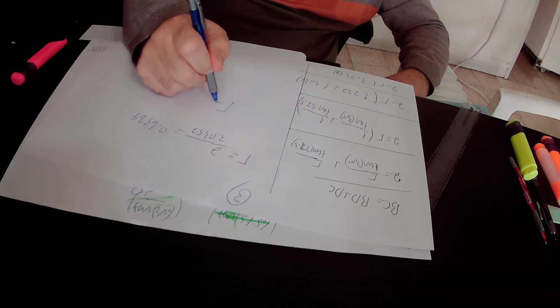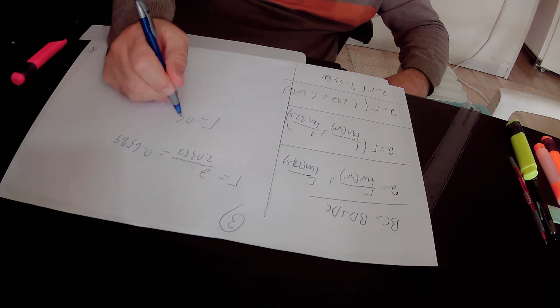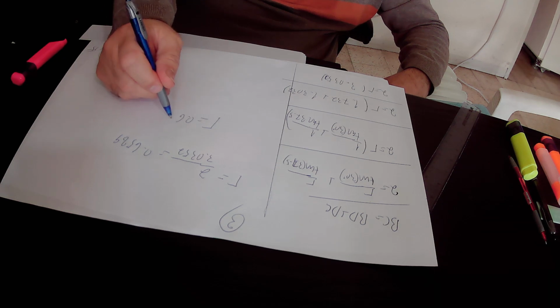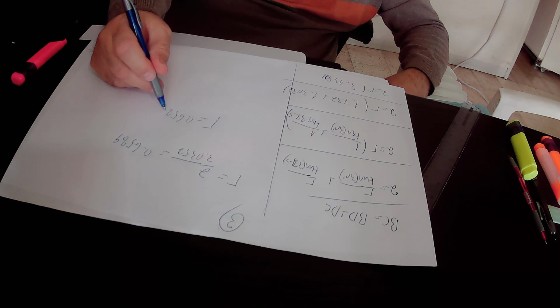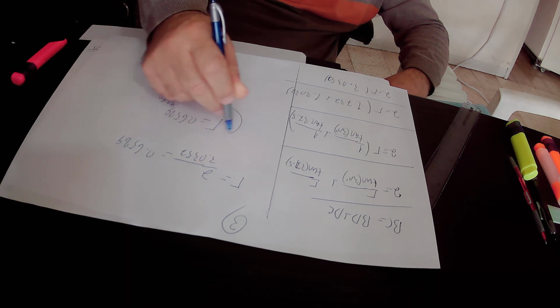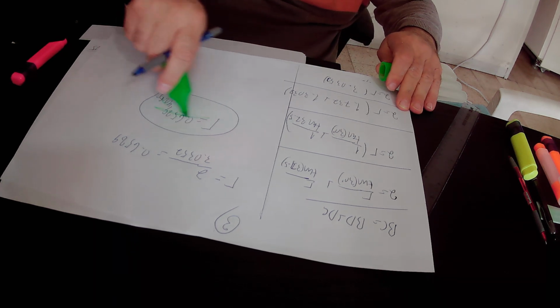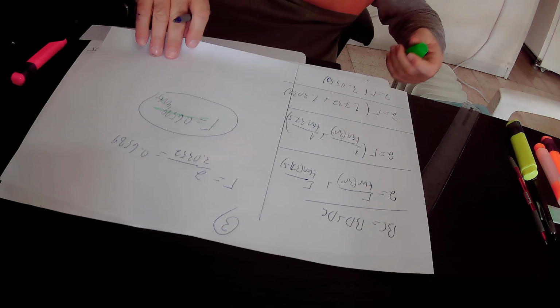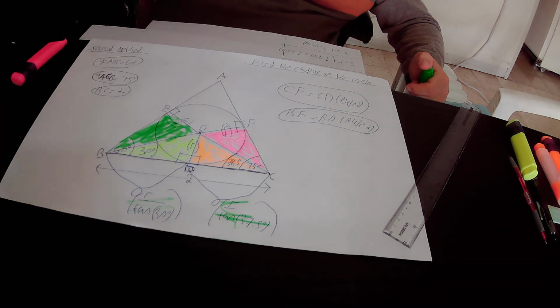So R, the radius of the circle, the radius that we are looking for, equals 0.6589 units. Repeat again. In both methods, we found out that the radius R of this circle equals 0.6589 units.